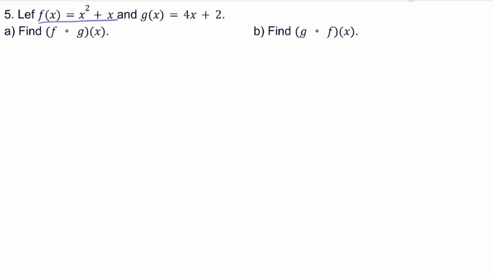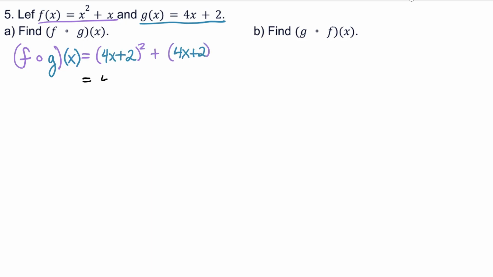For number 5, we have two polynomial functions. For part A, find f composed with g of x. Because f of x is x squared plus x, you have two inputs of x. In each input of x, you will need to plug in the entire function of g. F of x is x squared plus x.